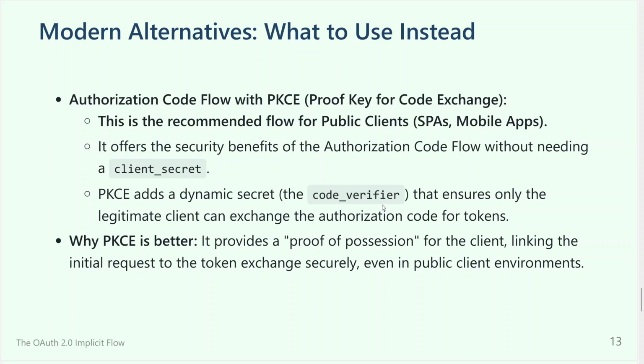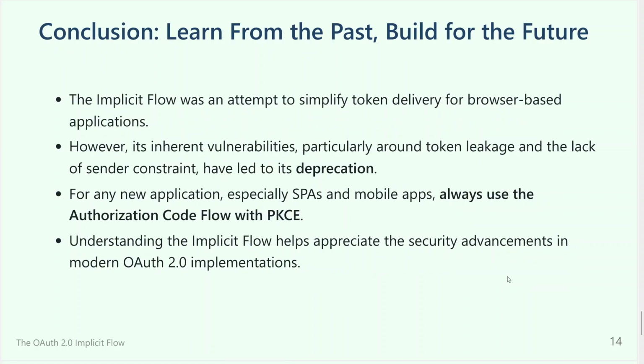You can receive 3 tokens using this authorization code flow. Why is PKCE better? It provides a proof of possession for the client, linking the initial request to the token exchange security, even in public client environments, without exchanging the client secret, which is a great thing. So in conclusion, learn from the past, build for the future.